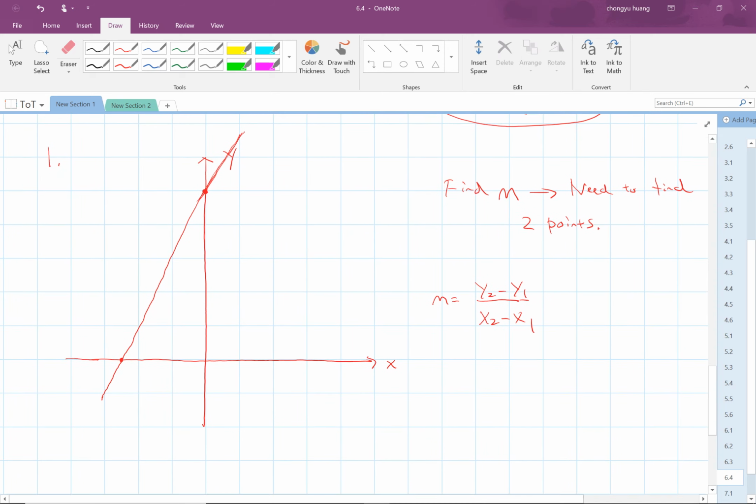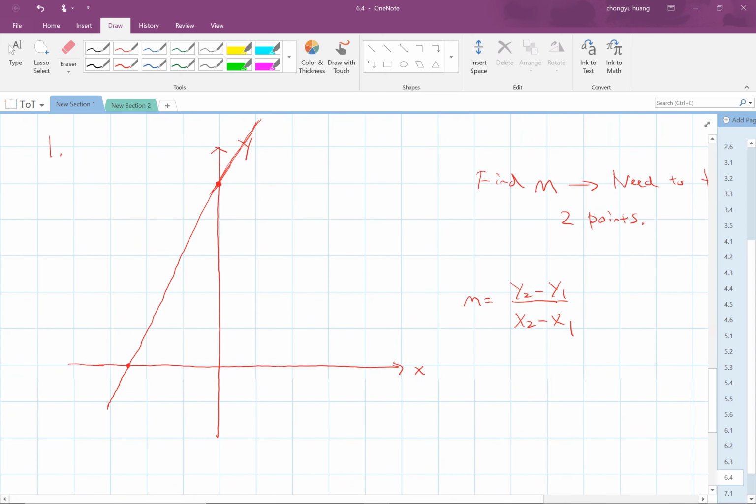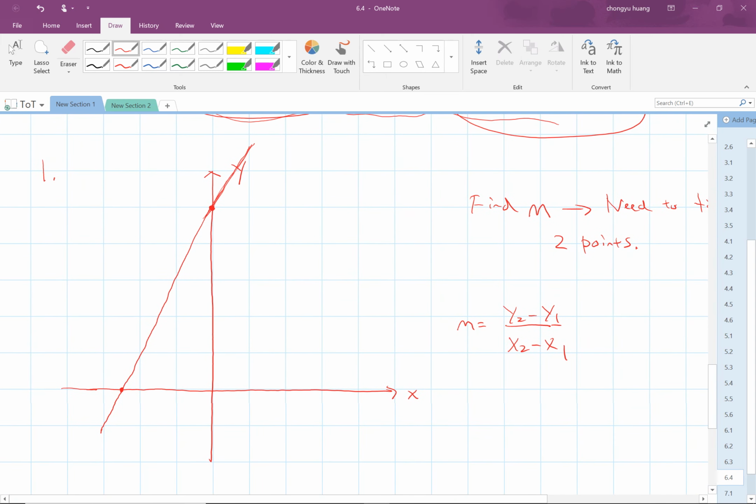Okay, so now you can see over here we got a graph, and there's a line over here, right? We want to find 2 points in order to find the slope. So the first thing we have to do is label the graph, so we know the values of those 2 points.